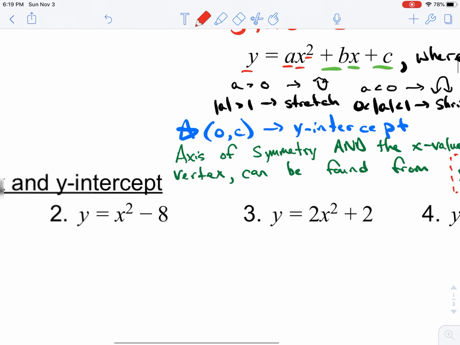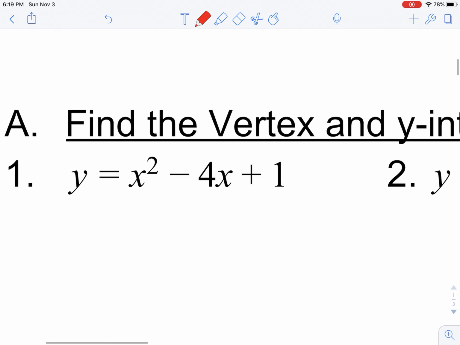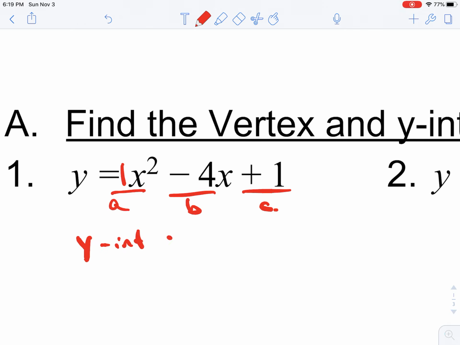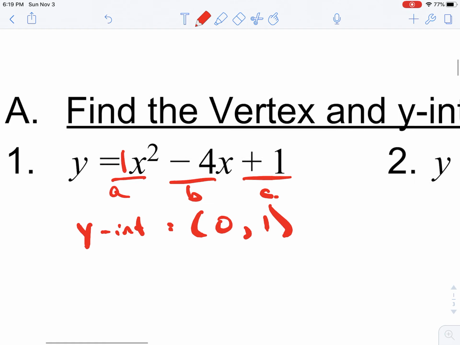So what I mean by that is if we look at this first equation, this is in standard form because we have an ax squared, this is a, we have a bx, and we have a plus c. So first of all, without doing any work, we know the y-intercept is at 0, c, so 0, 1.